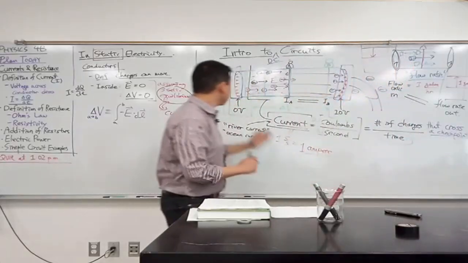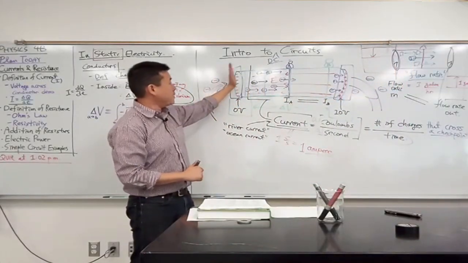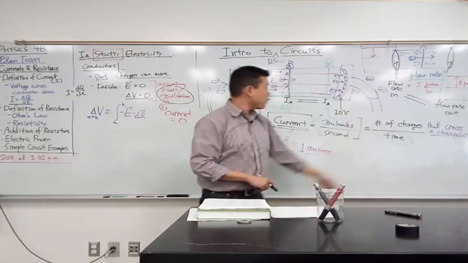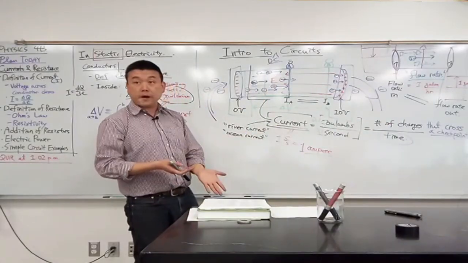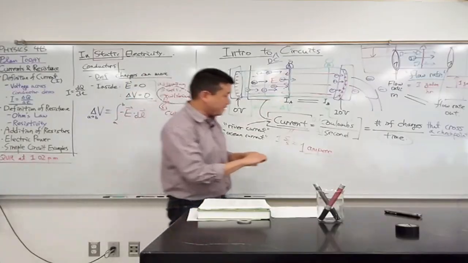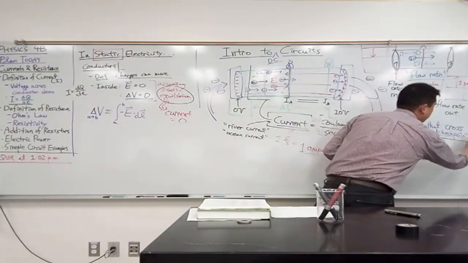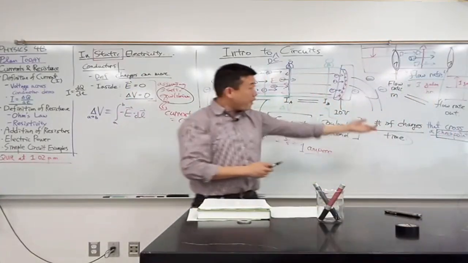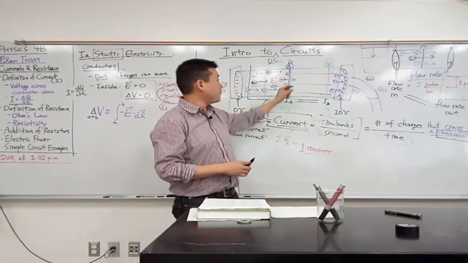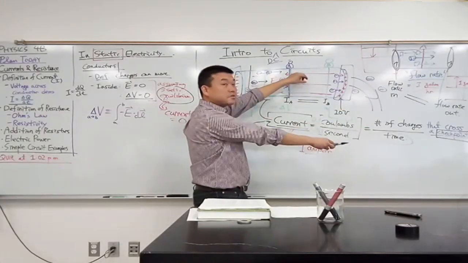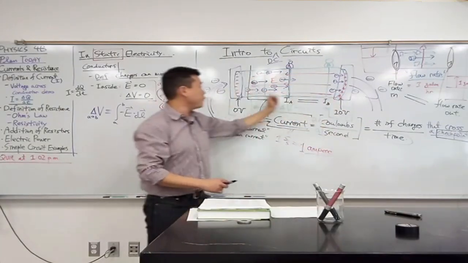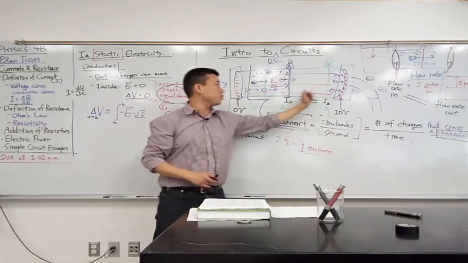What that means is however much charge is coming in here, the exact same amount of charge has to go out here. So this is another useful thing to know about current. Even though we define it with reference to a particular checkpoint, where the checkpoint is actually doesn't matter. As long as you haven't broken off a branch so that charges can go elsewhere, the checkpoint can be anywhere along a single branch of conductor.